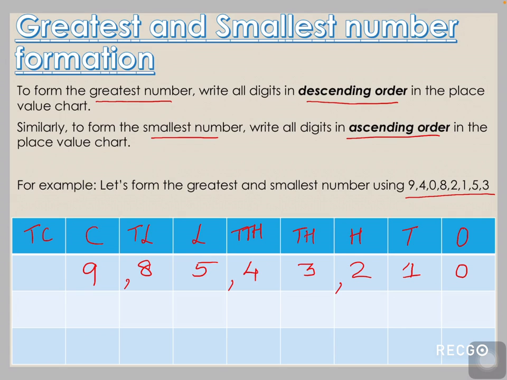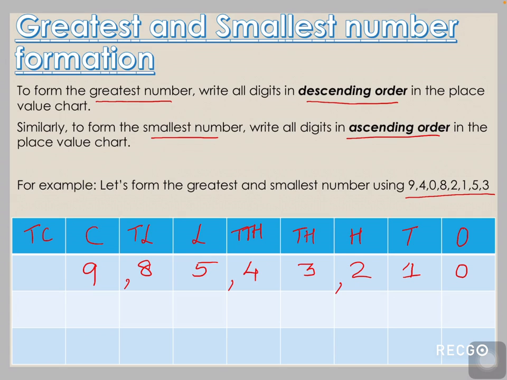So the number will not be an 8 digit number, it will be a 7 digit number, because 0 placed at the crores place or any biggest place has no value. But I am supposed to form an 8 digit number, in which 0 should also be included. So 0 will not be placed first.